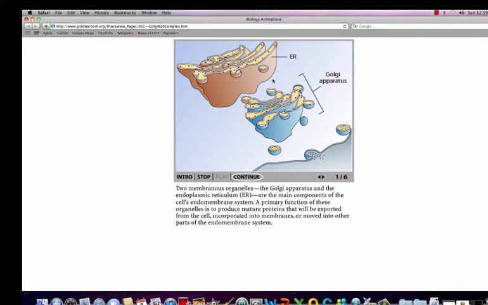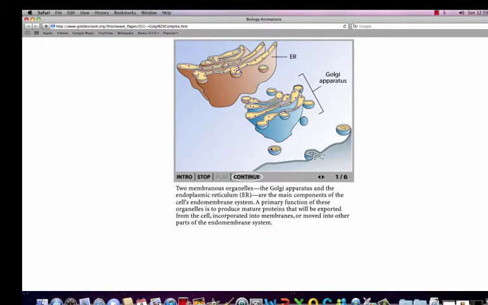And if you recall, this then is the cis face of the Golgi, and this then would be the trans face of the Golgi. Okay? So both the Golgi and the ER are components of the endomembrane system. And the primary function of these organelles is to produce mature proteins, which are inside of these vesicles.